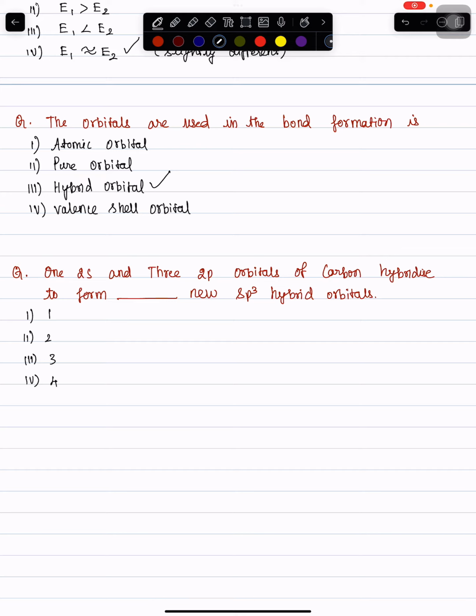Generally, one s orbital will combine with one p orbital to produce 2 sp orbitals. So the number of atomic orbitals involved is equal to the number of hybrid orbitals. It should be equal.